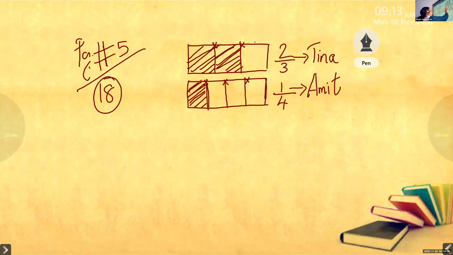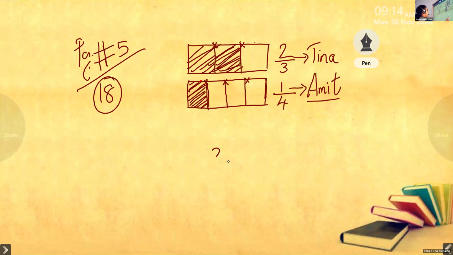Our question is to find the lesser part, that is Amit. Okay, that is correct. When I ask who ate more, you can see from the picture 2 by 3, so that is Tina. But what we have to find here is who ate less? Amit.